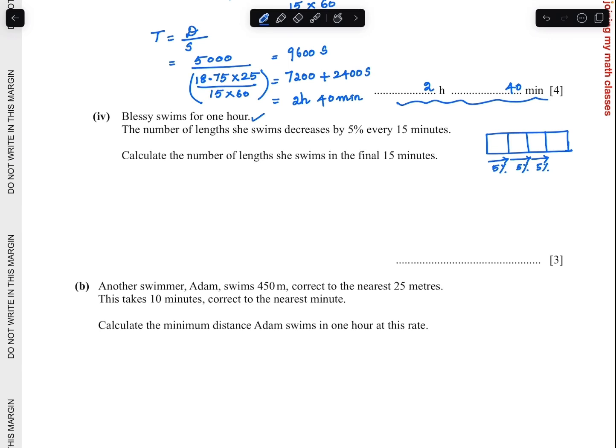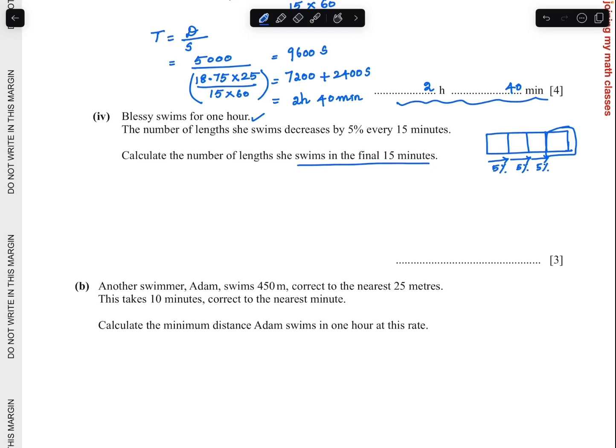Calculate the number of lengths she swims in the final 15 minutes. So as she enters this final 15 minutes, what is the number of lengths that she is going to swim? We can take this as more of a depreciation calculation like we have done in compound interest.